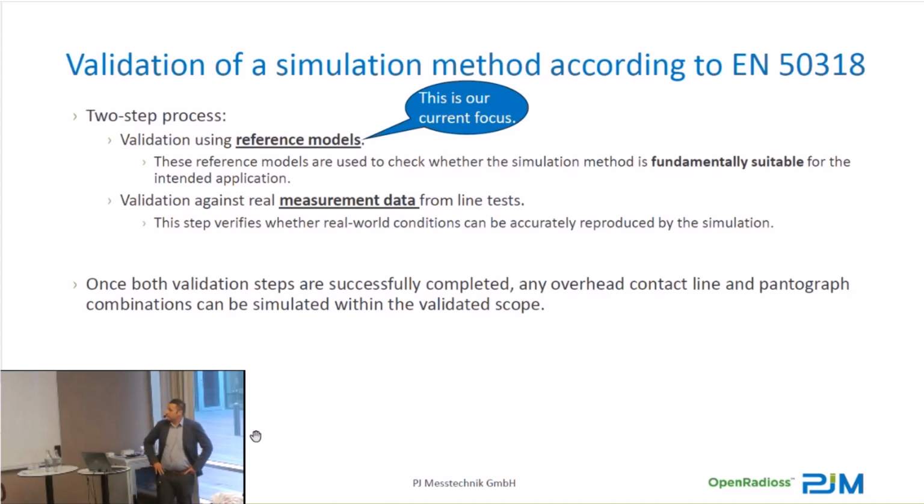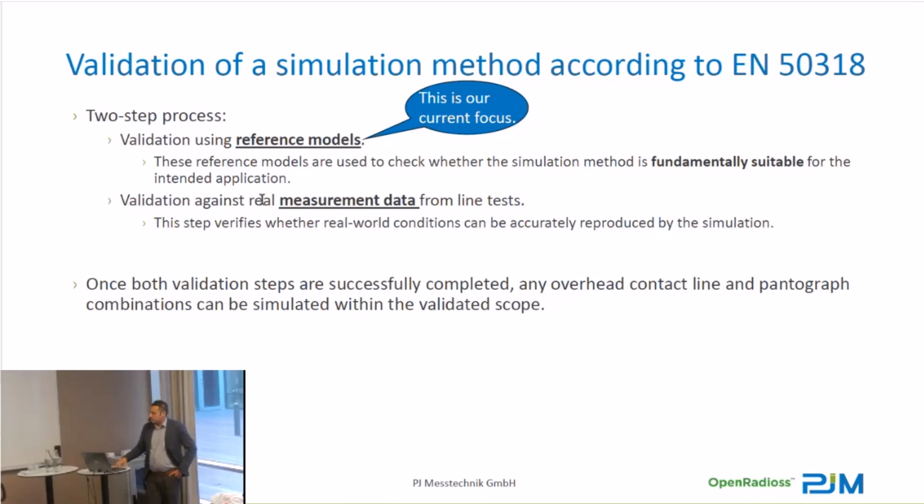How does it work? We have a two-stage process. First of all, we have to model a reference model, and we have to validate our simulation against that reference model. Second of all, in this standard, we can find real measurement data, and we also have to validate against these real measurement data.